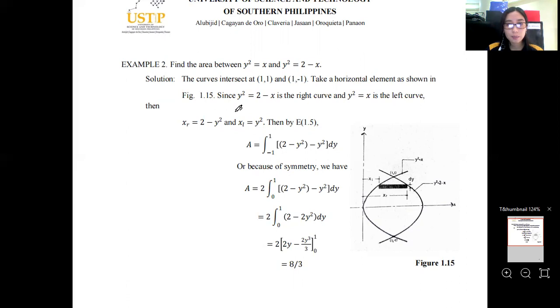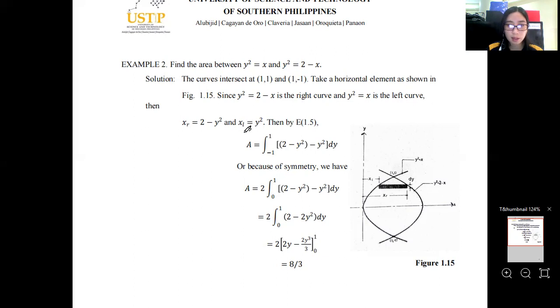So here, y squared is equal to 2 minus x is the right curve and y squared is equal to x is the left curve. So x sub r is equal to x of y, which is 2 minus y squared, after transposing.